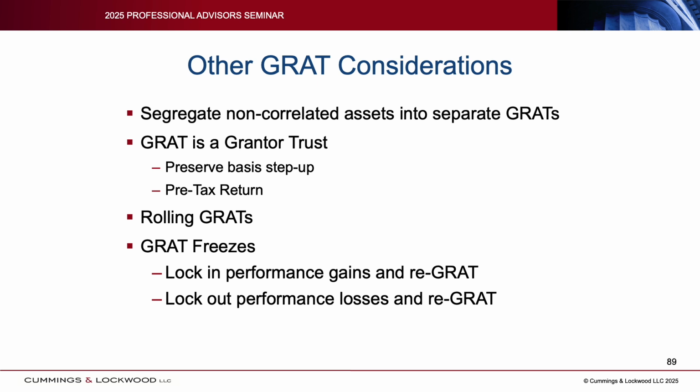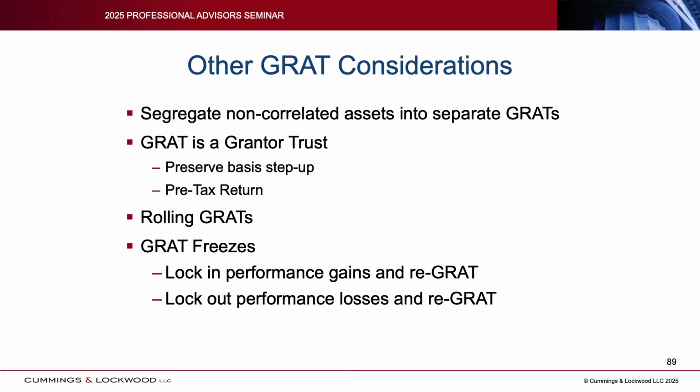And now we can lock in the success of that GRAT. And we can do that without any tax consequences because the GRAT's a grantor trust and the client can exchange assets with a grantor trust without any tax consequences. What if we have the opposite example? NVIDIA goes down 50% in the first 6 months.